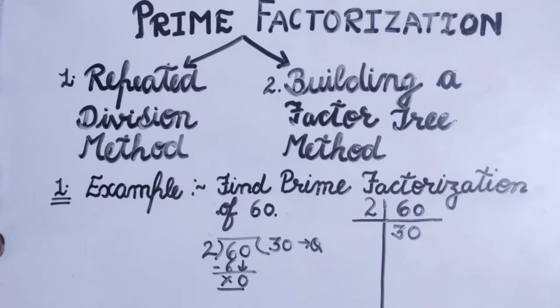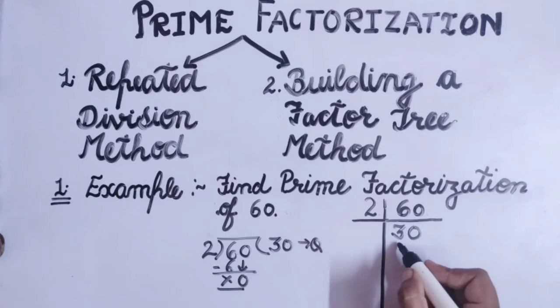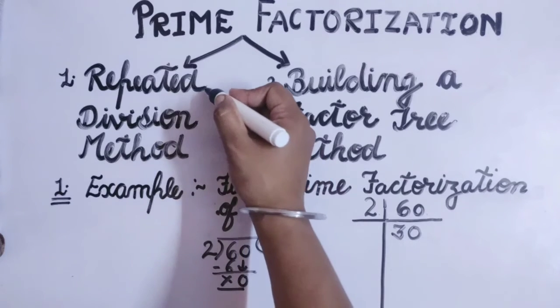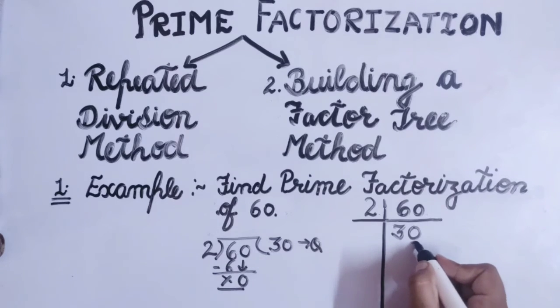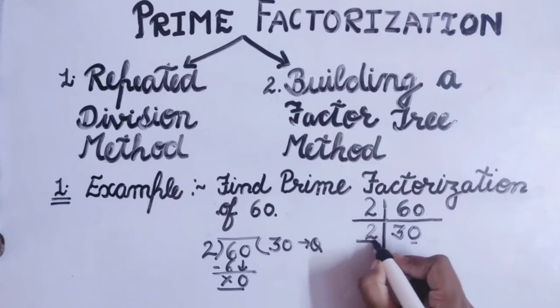Now once again we will check whether 30 can be divided by the smallest prime number. Students, in this method we will divide again and again until 1 comes at last. That's why the method name is repeated division method. At the ones place 0 is there, so this can be divided by the smallest prime number, 2.